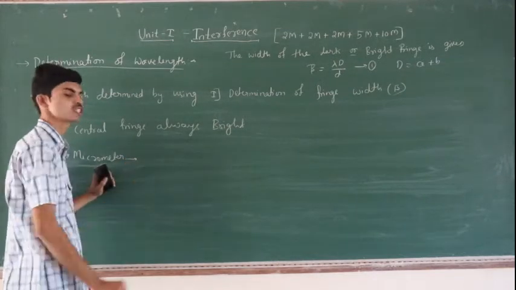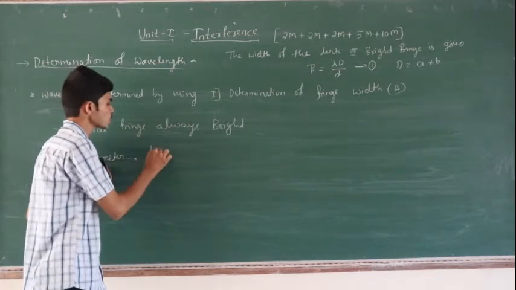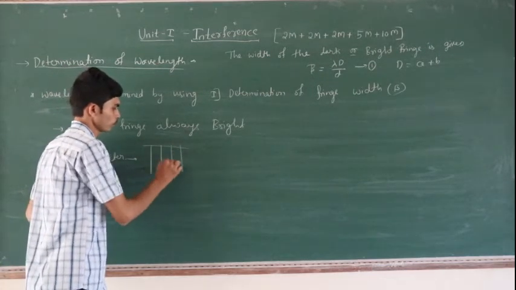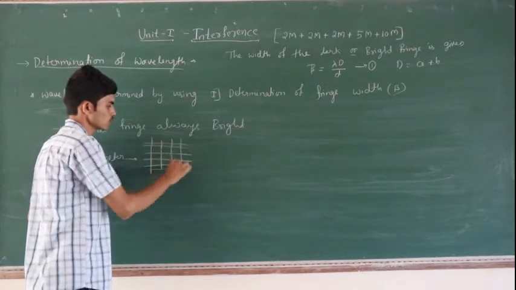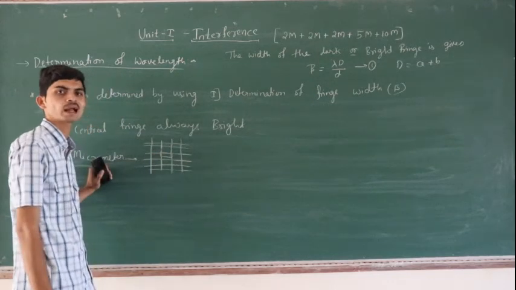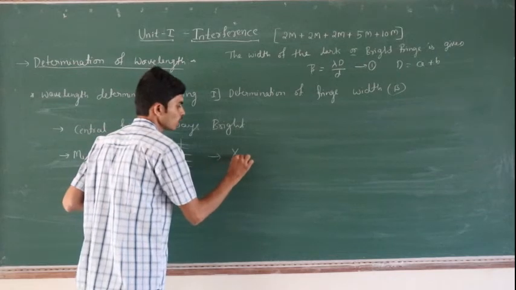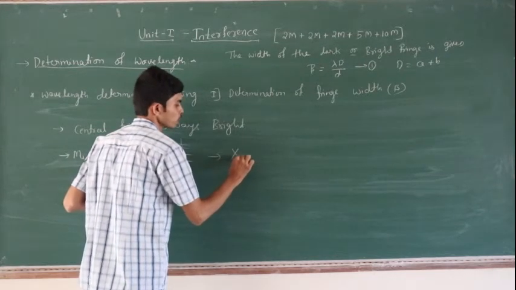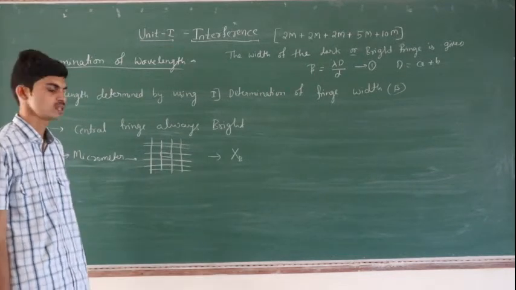We have a cross wire in that screen. Where the bright fringe coincides at the center, that position is XB. Consider XB is the position of that bright fringe.